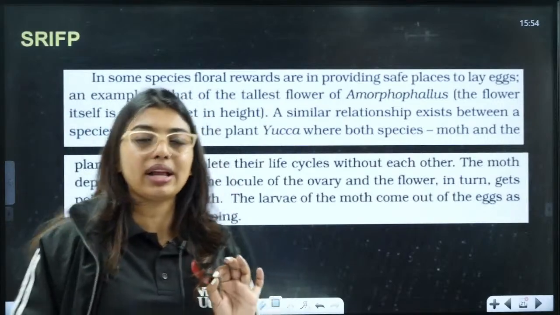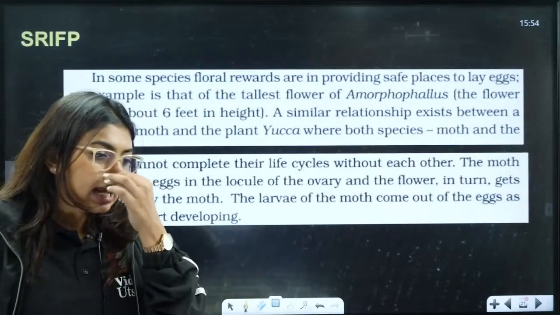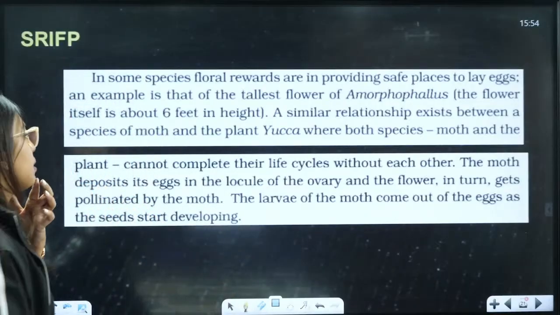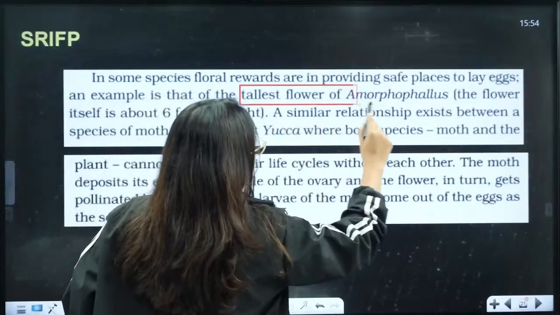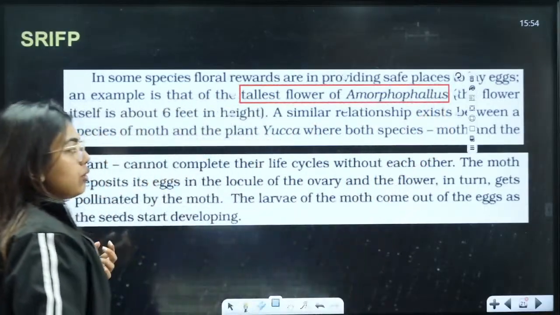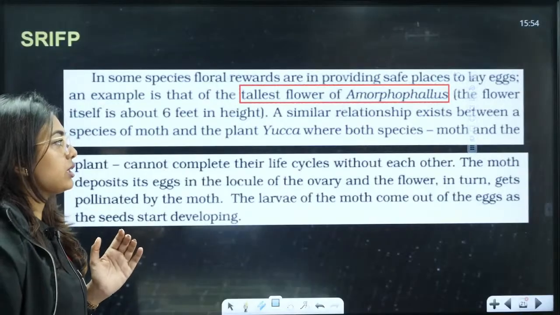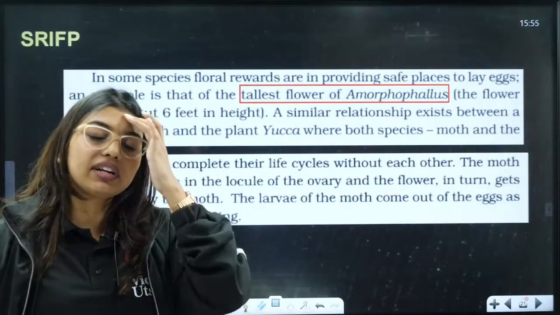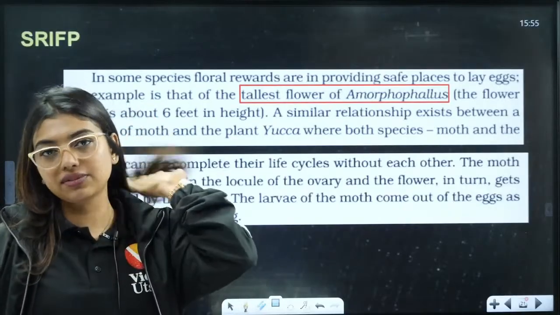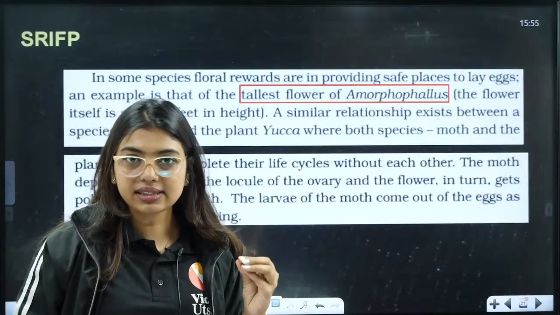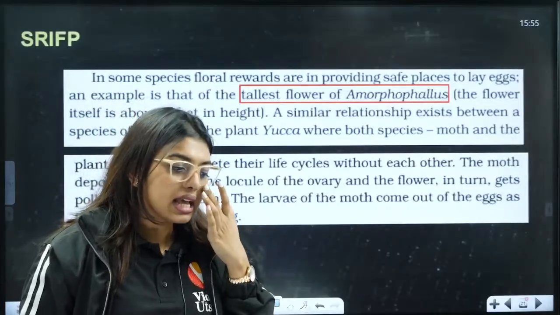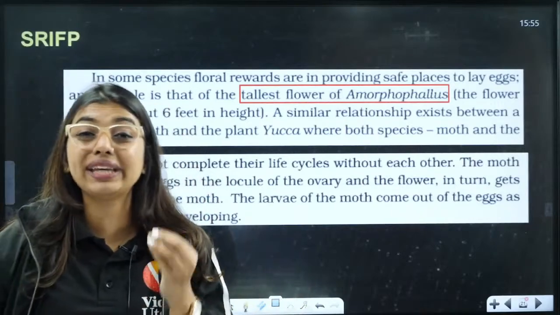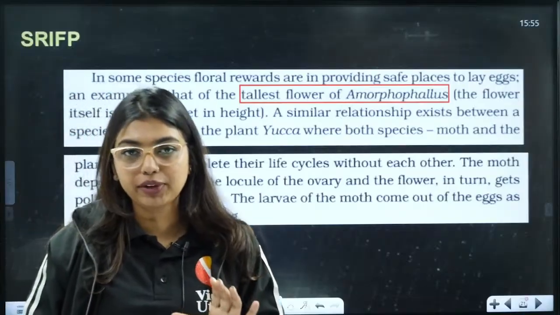Okay. Now students, here on a different type of example where you will be able to see something called mutualism. Mutualism, we can say, is a relationship where I help you and you help me too. Here the example is one of the tallest flowers, Amorphophallus. Pollination is a difficult task. Every flower does not get pollinated. So for the Amorphophallus flower, there will be some insects, okay, some beetles, different types of beetles. They'll be like, I'll do one thing, I'll pollinate for you, but instead you have to take care of the eggs that I'm laying in your ovary or in the ovule.